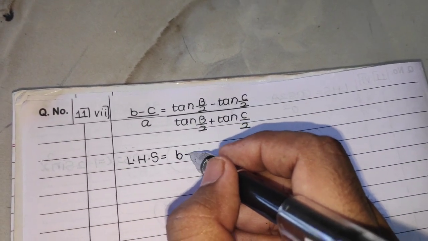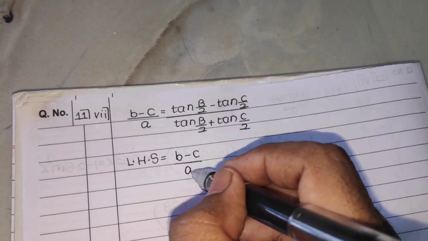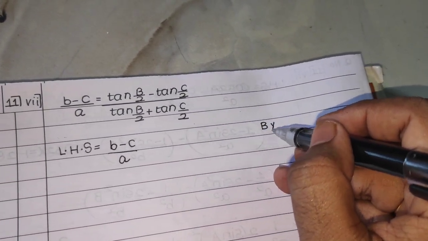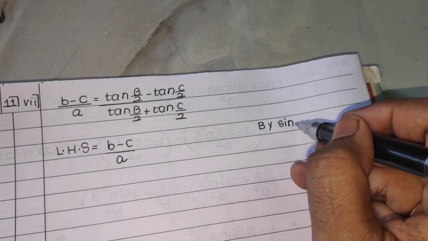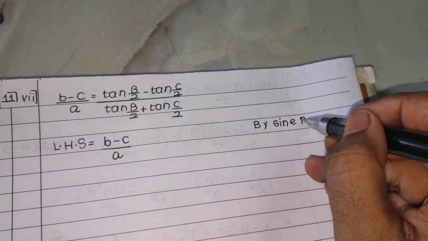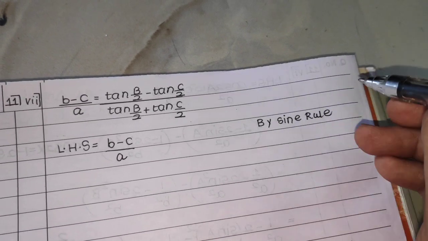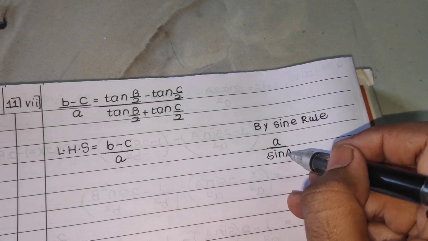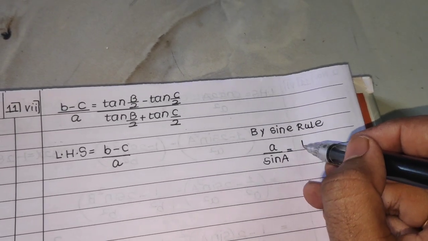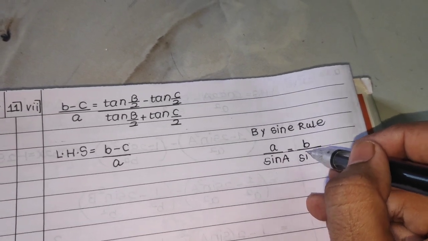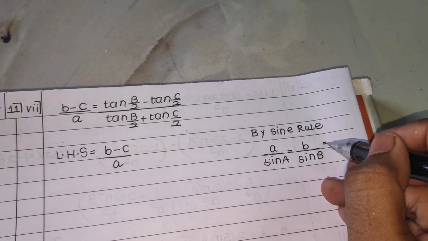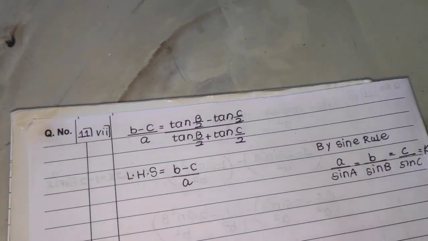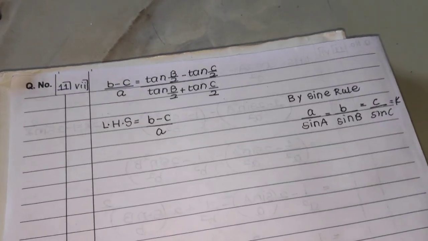Now b minus c upon a. By sine rule, a upon sine a equal to b upon sine b, c upon sine c equals to k. So that's what a sine rule is.